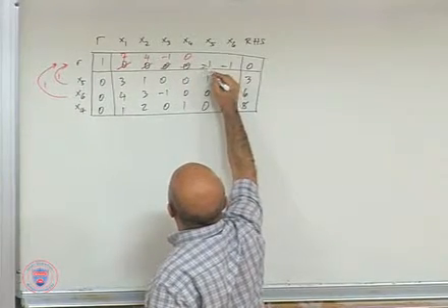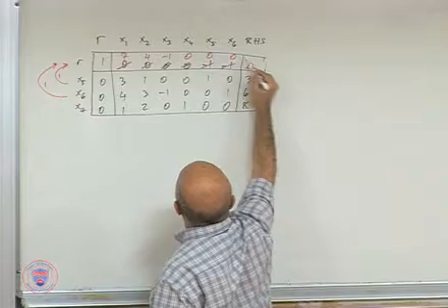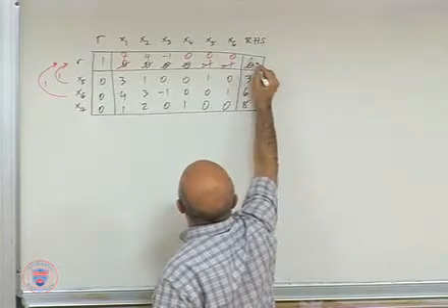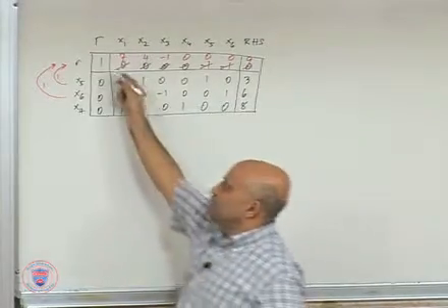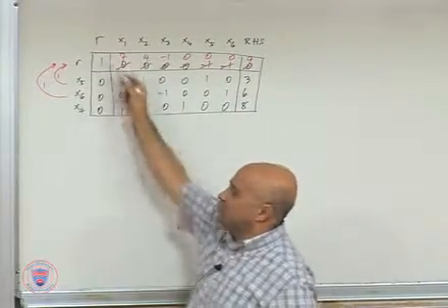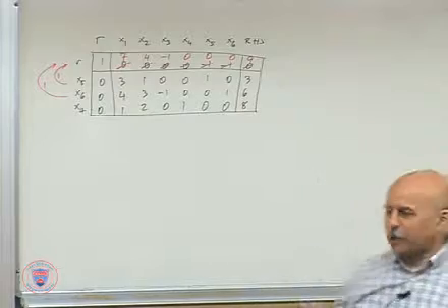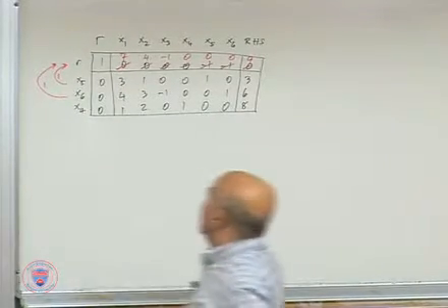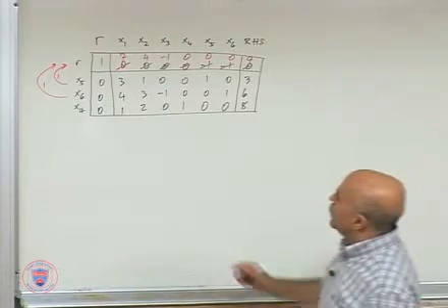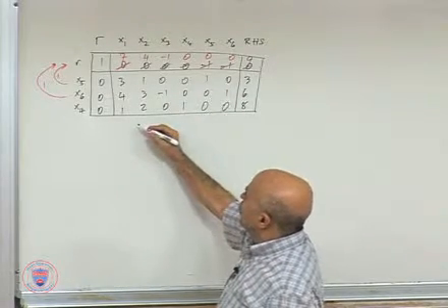That one is still 0. This one becomes 0, 0. This becomes 3 plus 6 is 9. And the first one is, of course, always, it doesn't change. 0 plus 0 added to 1. Doesn't change.